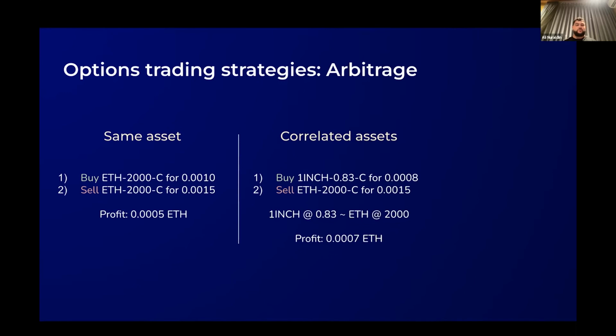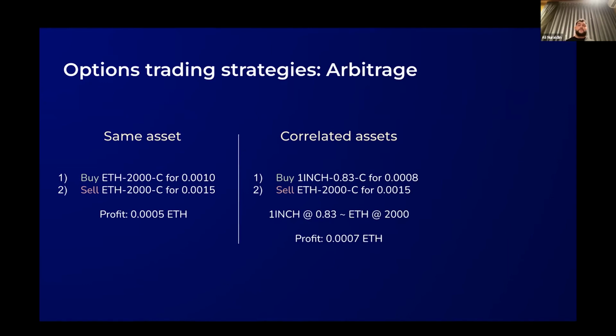So the simple strategy could be that you buy, for example, an Ethereum call option for 10 base points on one platform, and you sell exactly the same contract for a higher price on another platform, and you immediately make a profit of 5 base points. Or sometimes you can even trade correlated assets in this way.